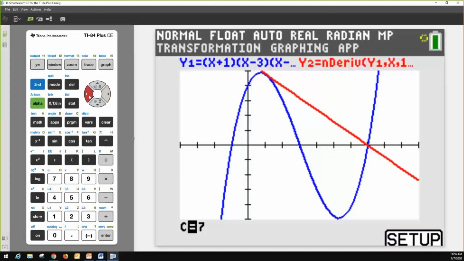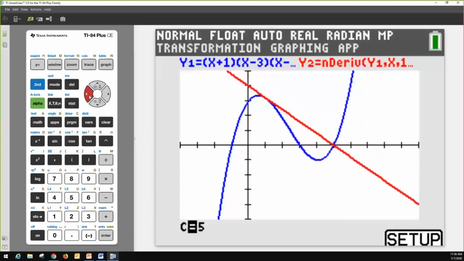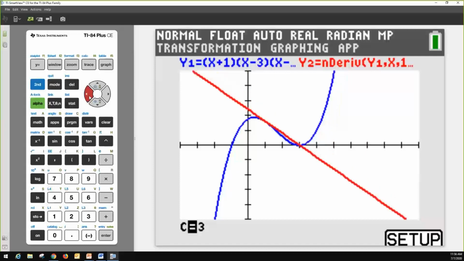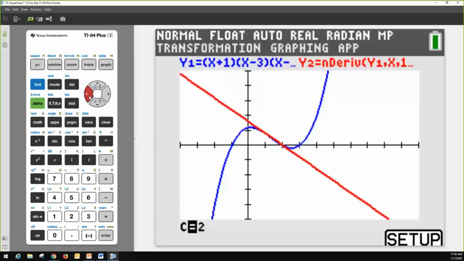And I'm just clicking on the left arrow to change the value of C, and the graph has changed. It'll be interesting to see what happens when that is actually a turning point, and it still works. I wonder what happens if we manage to do it in between the other two intercepts. And we see our tangent line is now going through C equals 2, and it's crossing the x-axis at 2. So, interesting question.